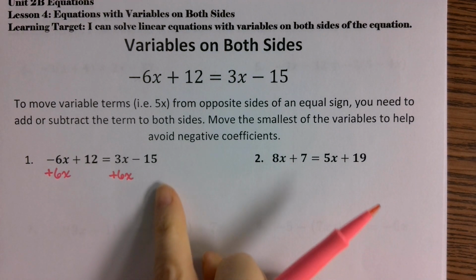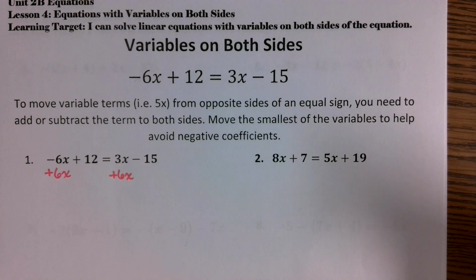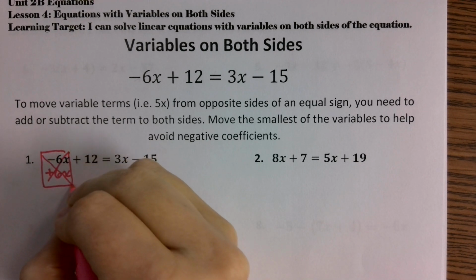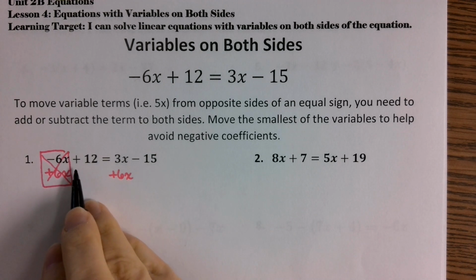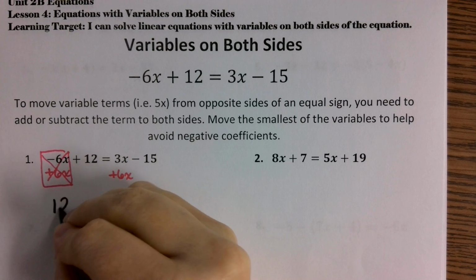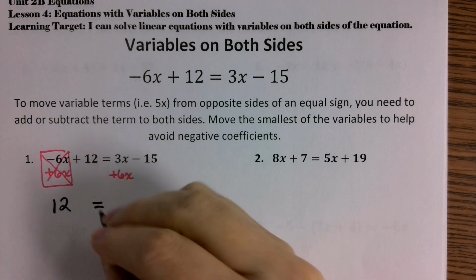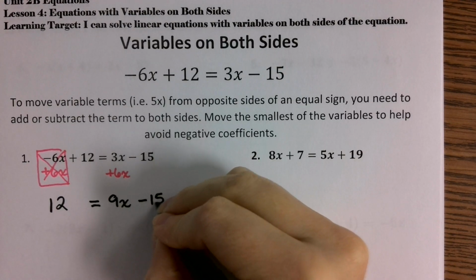Now notice I'm only going to put the 6x underneath where the 3x is because I'm combining like terms at the same time as solving. These 6x's are now going to get boxed off. I'm still left with a positive 12, and it's equal to that 3x plus the 6x, which now becomes 9x, and then I still have that minus 15.